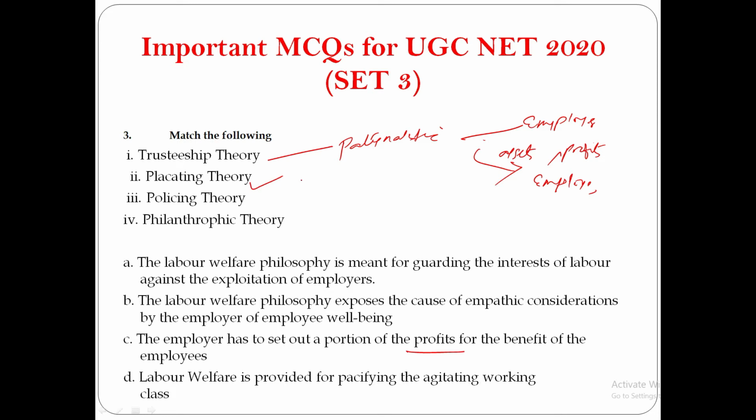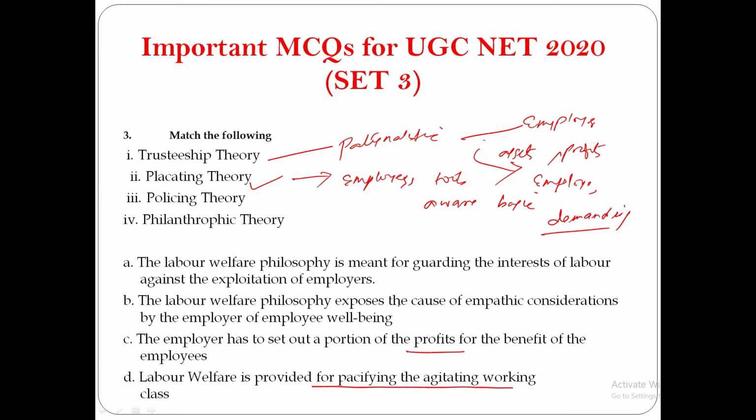Now placating. What does placating theory say? In placating theory, it says that employees are no longer fools. They are already aware of the basic rights or the basic requirements. So they start demanding, they try to agitate. So in order to fulfill their demands, they should be given employee welfare. So it is about placating the agitating worker.